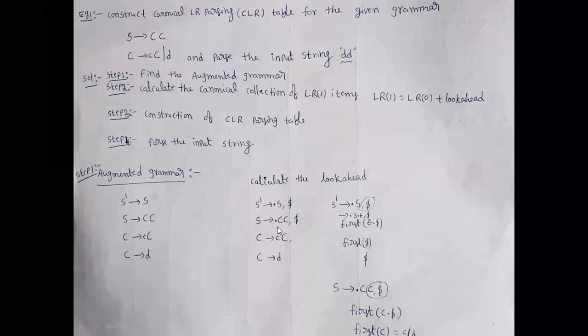Then after the dot we have a non-terminal capital C. So after the dot we have non-terminal capital C, then add the productions of capital C. So what are the productions of capital C? Here two productions of capital C. So C is production of small c capital C. So here dot is placed.